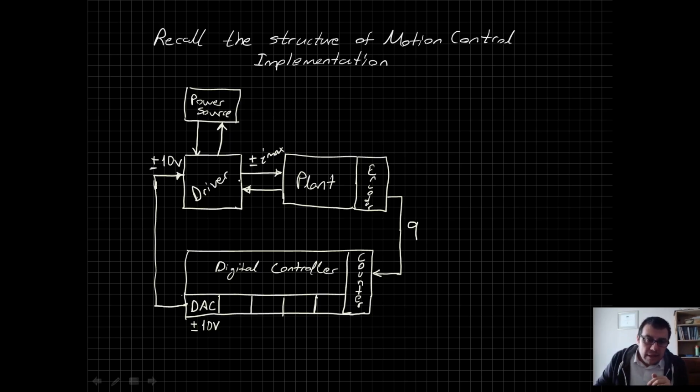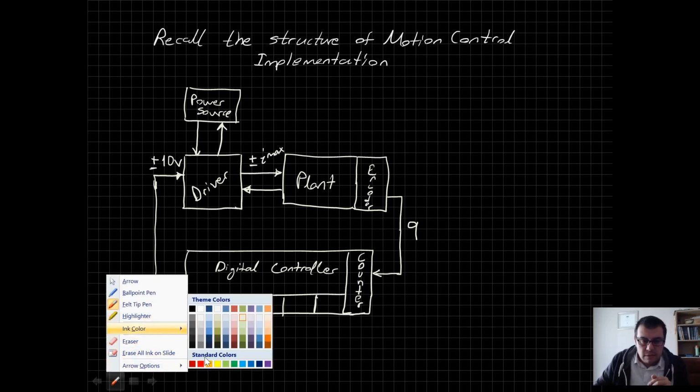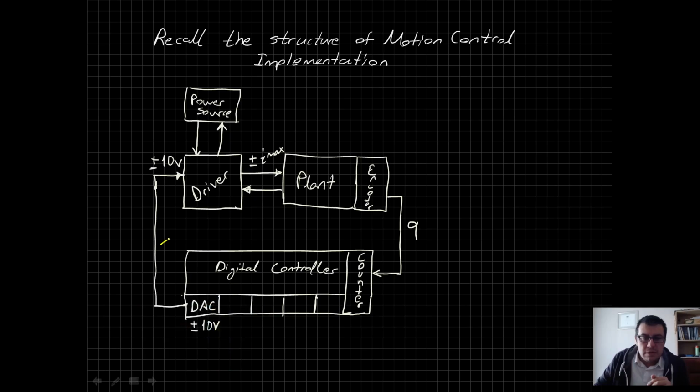So basically you have here a low power signal, and it's just for the digital controller to send a signal to the driver to warn it about the amount of current or amount of torque to be applied on the plant, and plant is basically your motor.